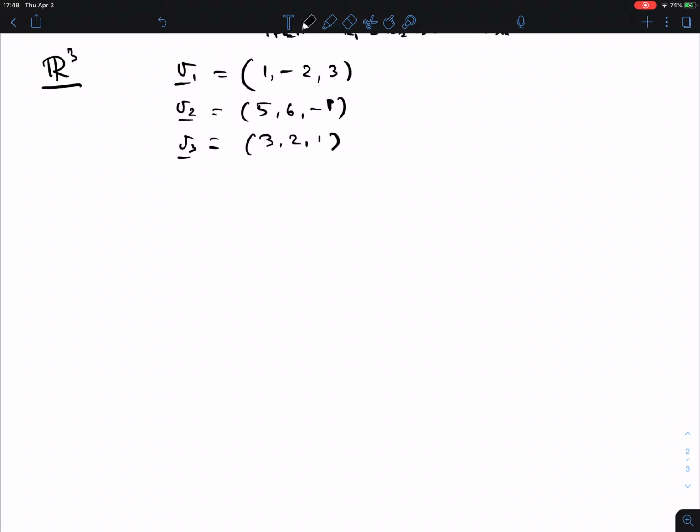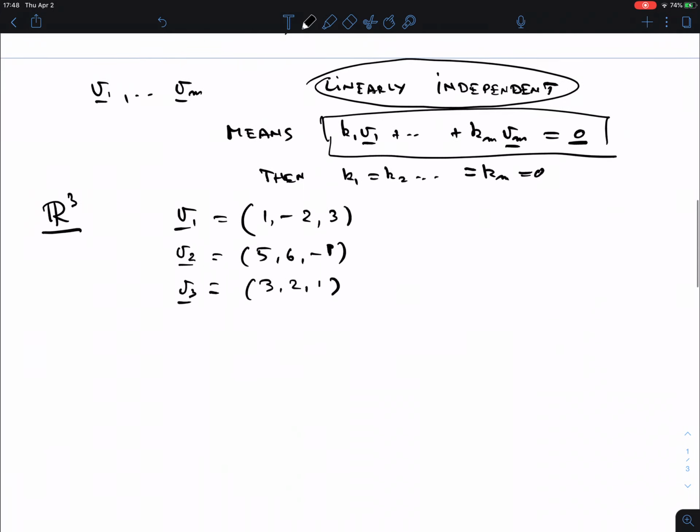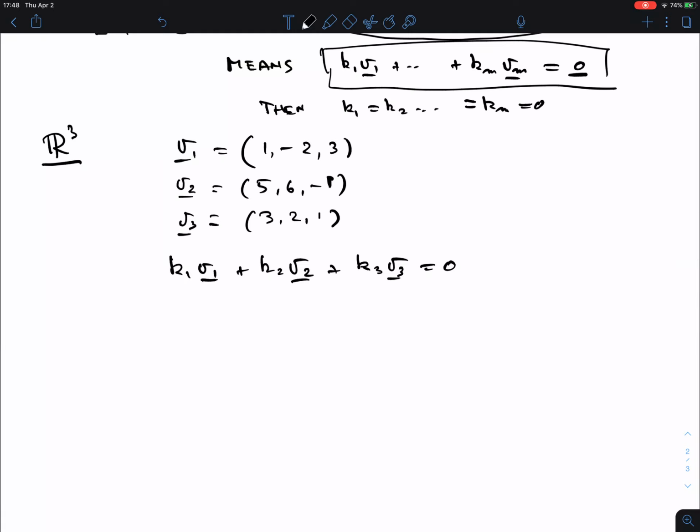So what does it mean for this to be linearly independent? It says that if you have k1 v1 plus k2 v2 plus k3 v3 equals 0, then k1, k2 and k3 must all be equal to 0.